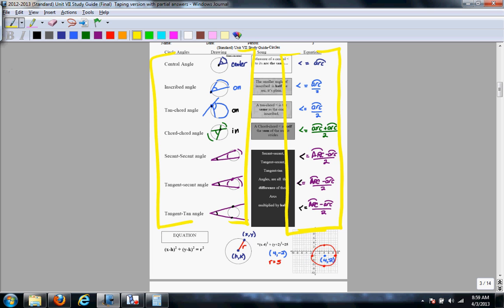Now, even though there are seven angles, there are only four equations, because if the vertex is in the same position, such as on, it's the same equation. Same position, out, same equation. Angle equals arc over 2 for the ons. Angle equals arc minus arc over 2 for the outs. So there are only four equations to memorize, even though you have seven angles.